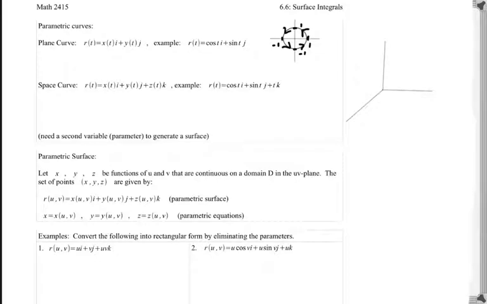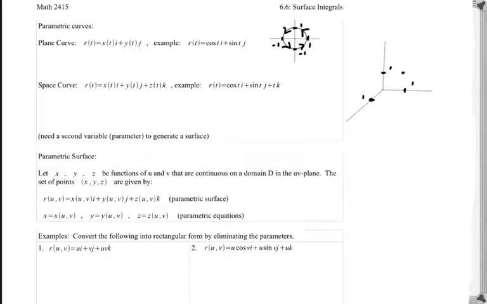Okay. We can have a space curve. r of t is equal to x of t i plus y of t j plus z of t k. An example of this would be r of t equals cosine t i plus sine of t j plus t k. So that'd be a helix or a spring.